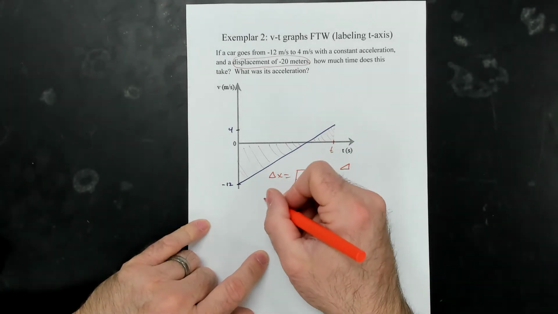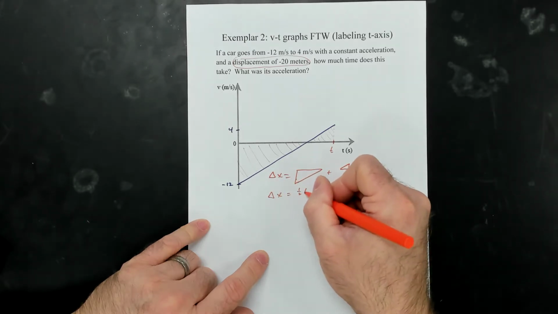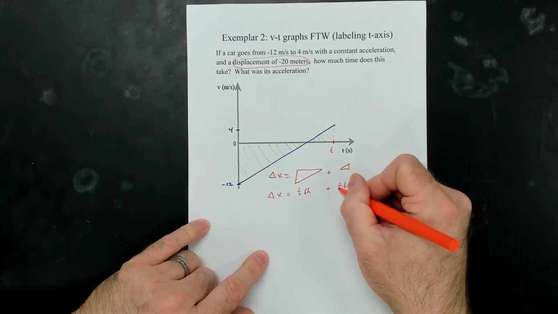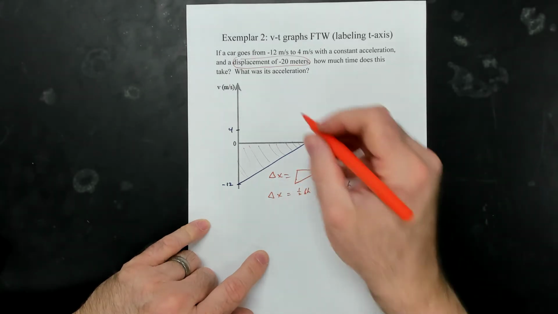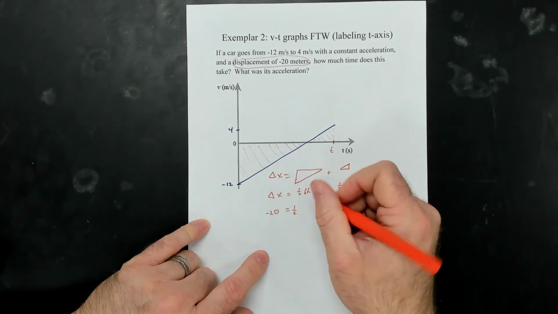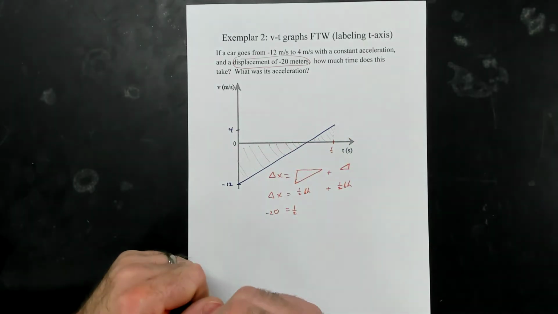You say, I know how to find areas of triangles. I understand that that would be 1/2 base times height of that triangle and 1/2 base times height of that triangle. The displacement they told me was negative 20. 1/2, and you're like, okay, well the base of this triangle, I don't know how long that is.